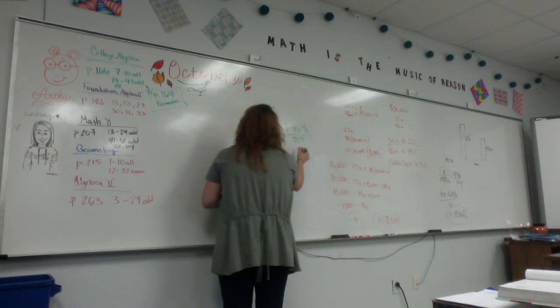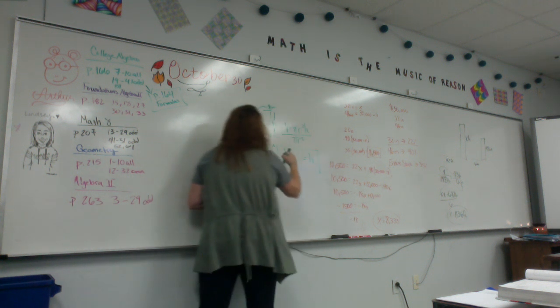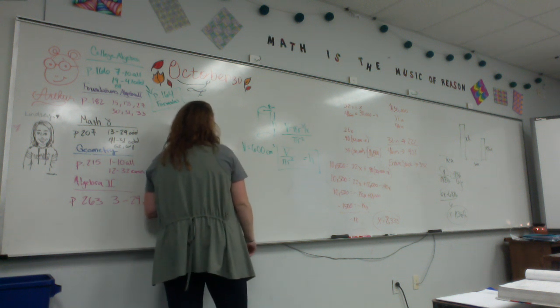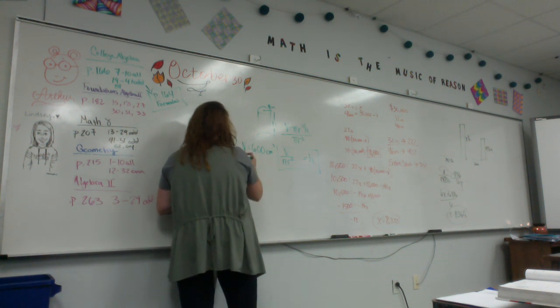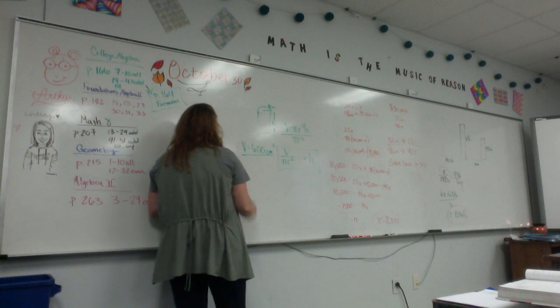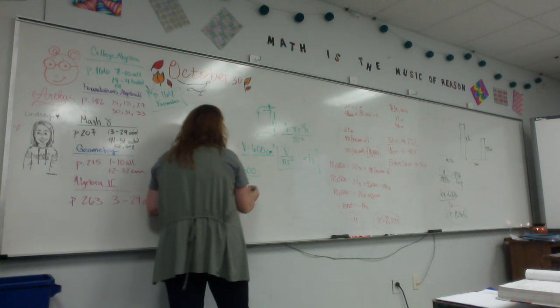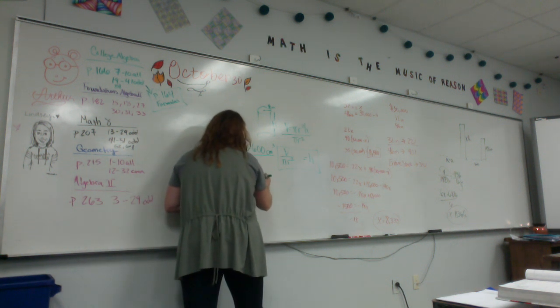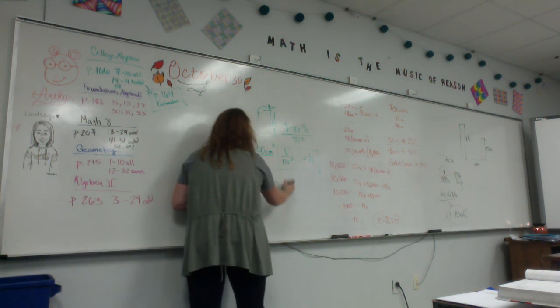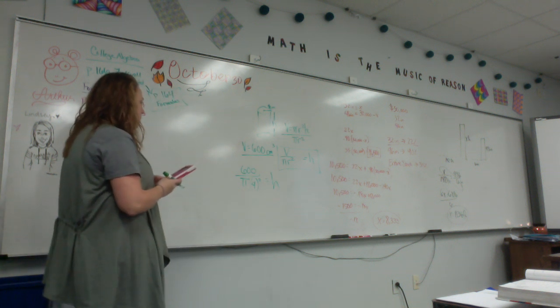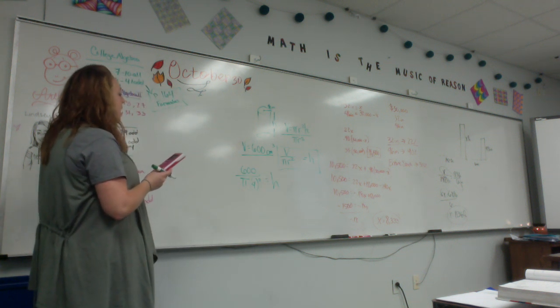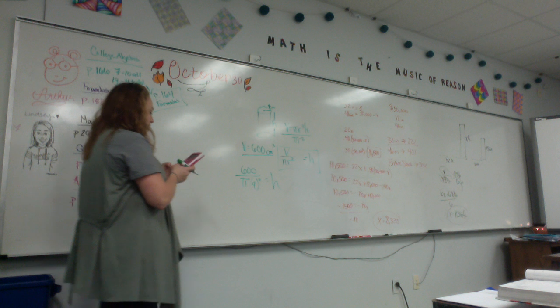Now let's fill in what we know. Do we know the volume? Yes, it's 600 centimeters cubed. We know what pi is. Do we know the radius? It's 4, squared. So now all I have to do is take 600 and divide it by pi times 4 squared. 4 squared is 16.